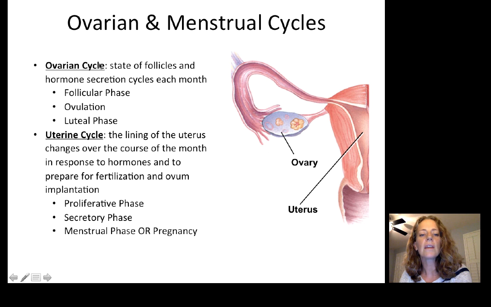The ovarian cycle will then dictate the uterine cycle, which is the lining of the uterus, where if there is fertilization, an embryo would grow. So the uterus will be prepared for a potential pregnancy as the eggs are being released. There are several phases to the uterine cycle as well, and we're going to put it all together at the end.